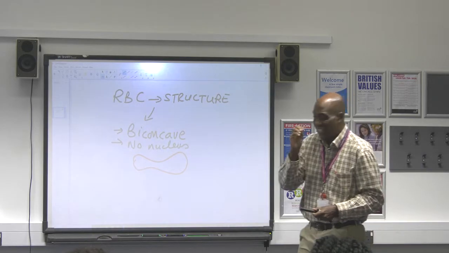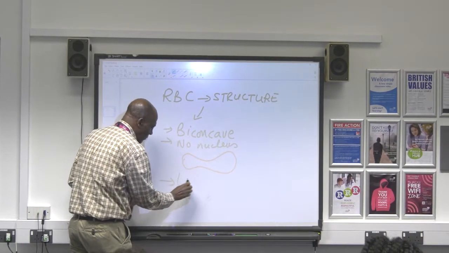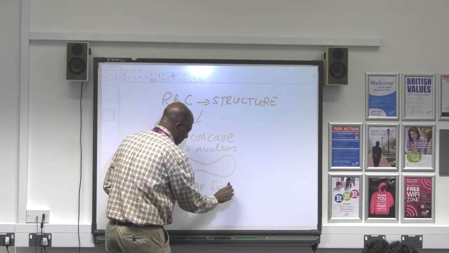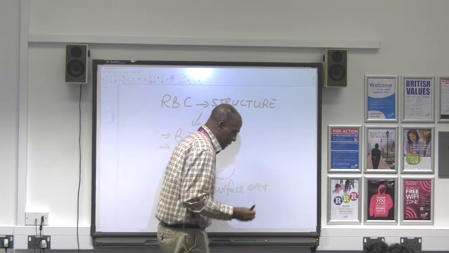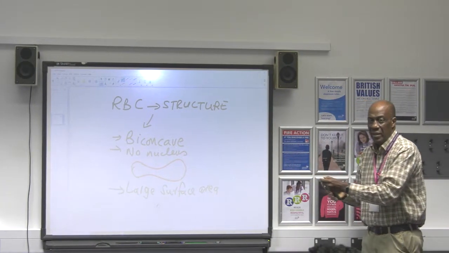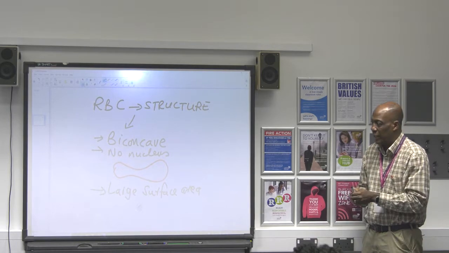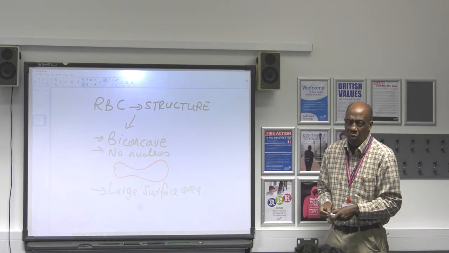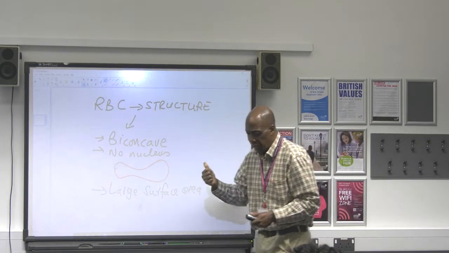The red blood cell has a large surface area. The significance of the red blood cell having a large surface area is so that it has maximum capacity to carry the oxygen to all parts of the body. Okay, so no nucleus.